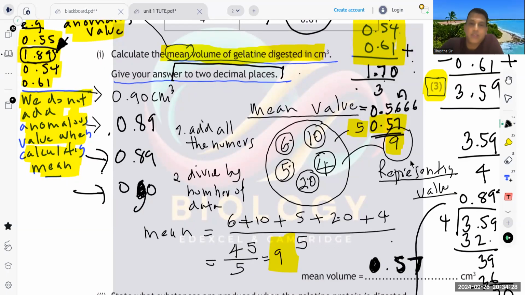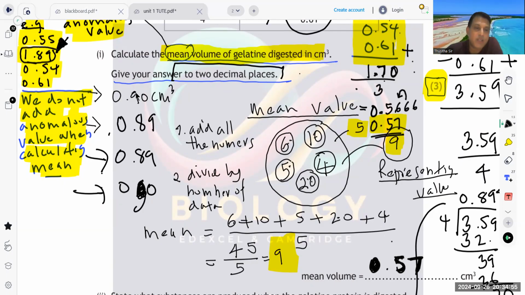Okay, I think this is something new you learned today. And there are many techniques you have. It's not just like biology where you just learn and memorize something and write it. We have many applications. This is one important thing. Today you learned how to remove the anomalous value and calculate the mean value. So the value is completely different.